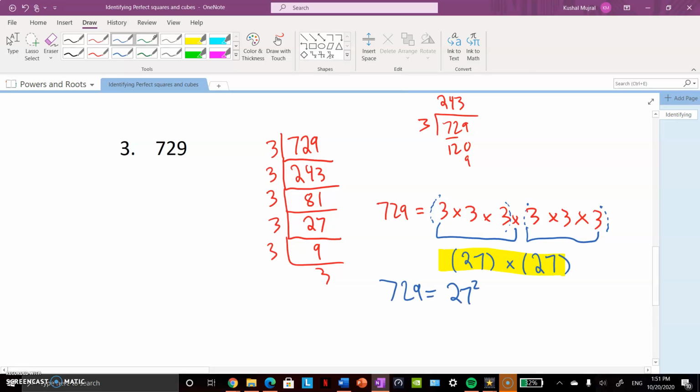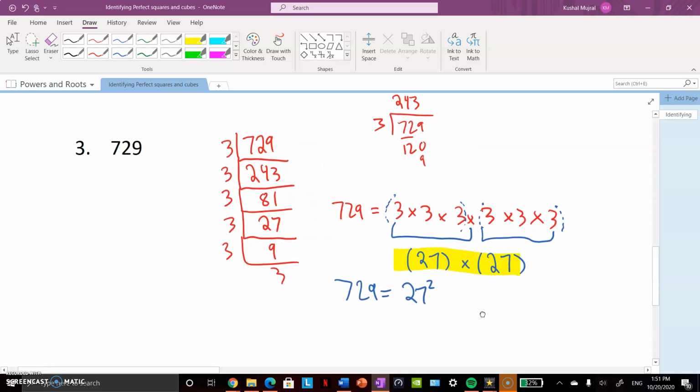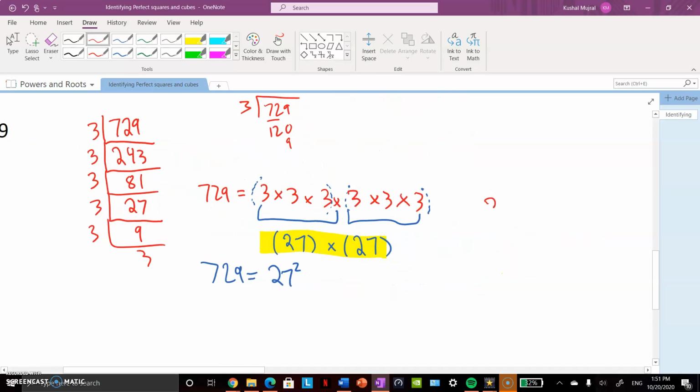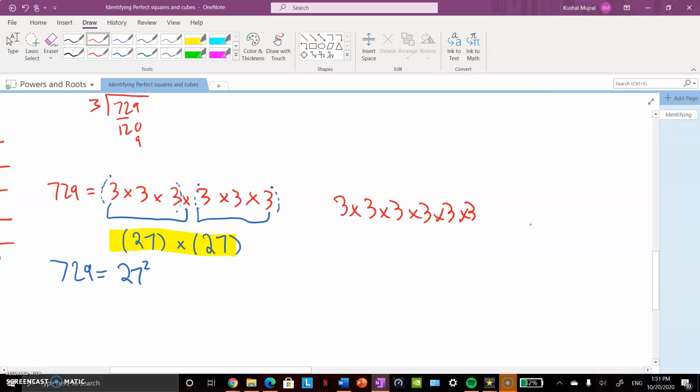But we're not done here. Let's take a look again. 3 times 3 times 3 times 3 times 3 times 3 equals 729. There's 3 sections here of 2. This is 9. This is 9, right? Imagine the brackets around here.